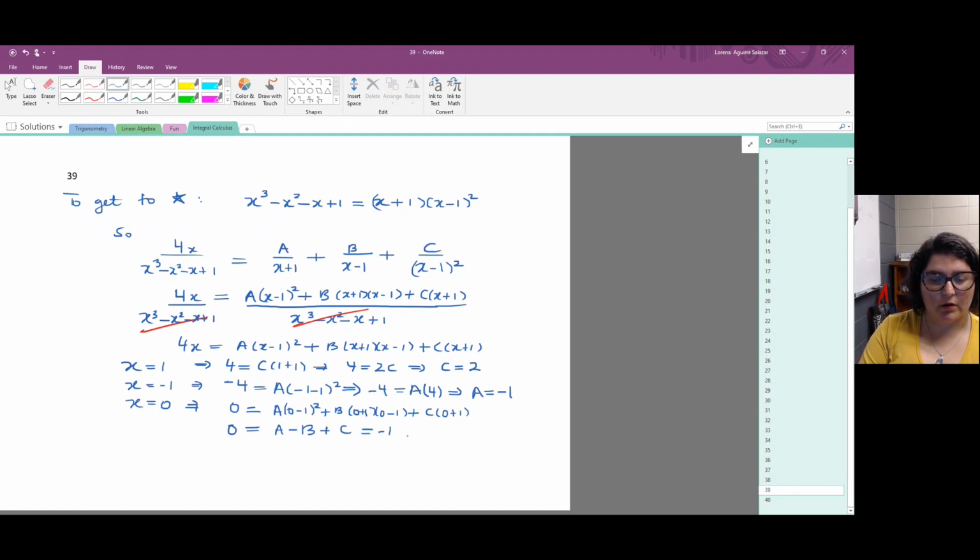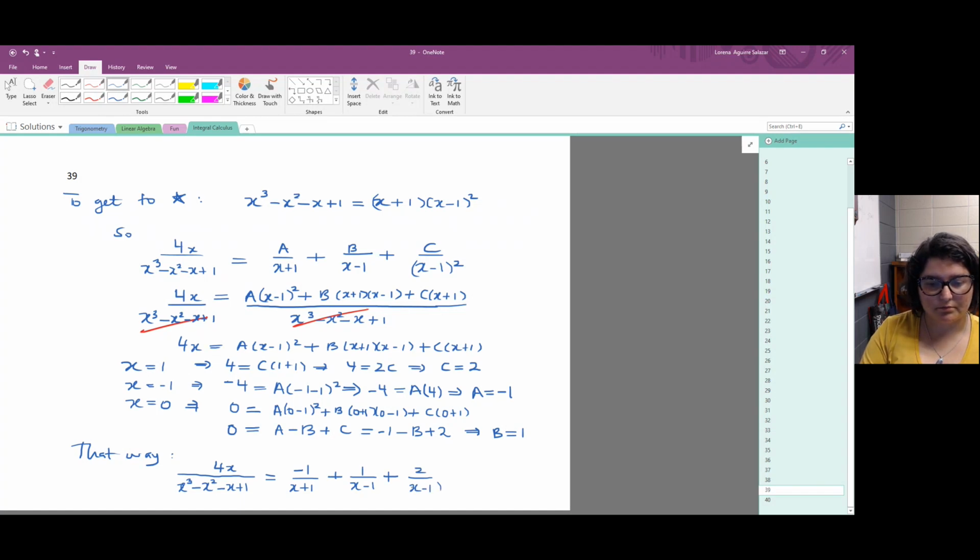And a is negative 1, b is a number we don't know, and c is 2. So b should be equal to 1. That way, we get the decomposition I showed you earlier. 4x over x cubed minus x squared minus x plus 1 is negative 1 over x plus 1 plus positive 1 over x minus 1, and then plus positive 2 over x minus 1 squared.